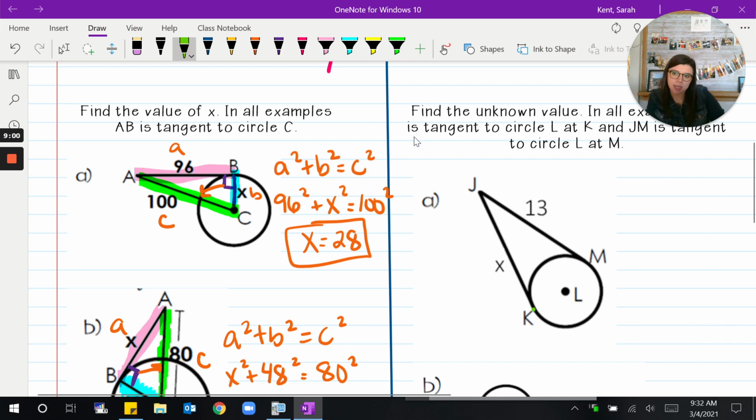And JM is tangent at point M because M touches the circle. So that just means these both tangent. Here they share point J, and they both touch the circle one time.